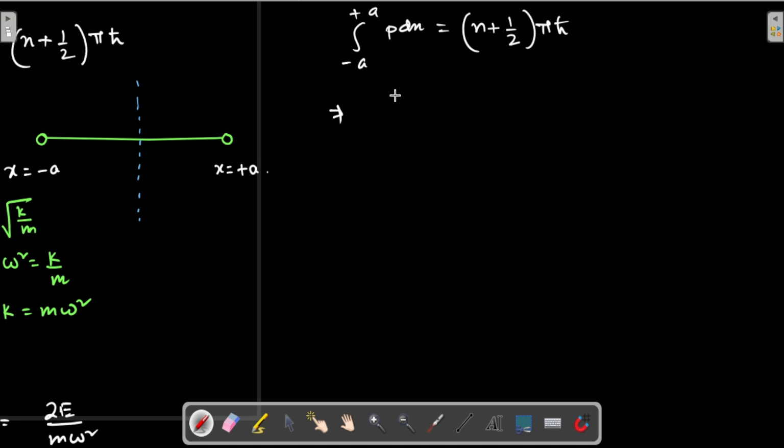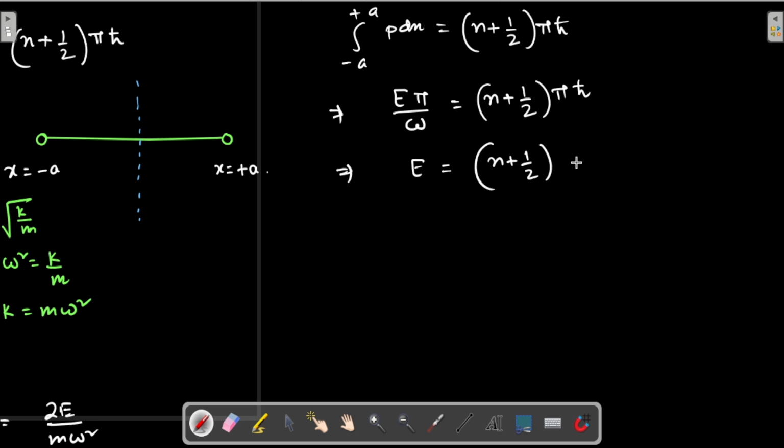Here the value becomes E pi by omega, then the equation can be written as pi E by omega equals n plus half into pi h bar, that is E equals n plus half into h bar omega.